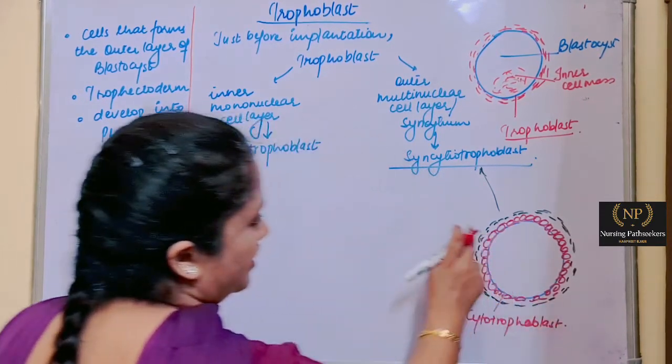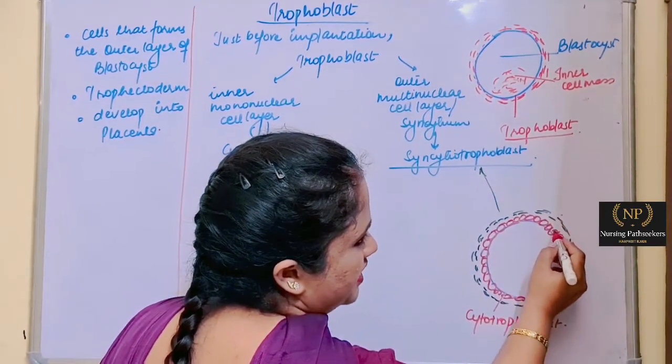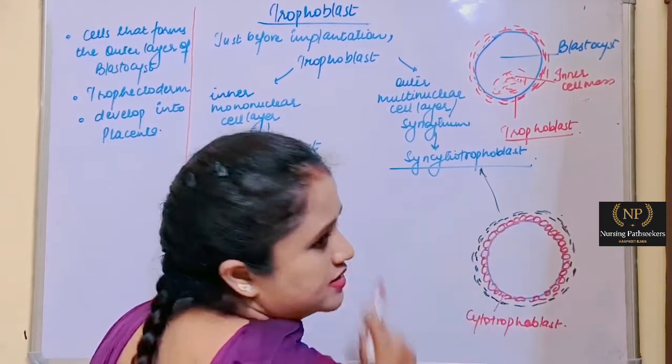Now let's differentiate the trophoblast layer into two parts, inner and outer. The inner one is cytotrophoblast and the outer one is syncytial trophoblast.